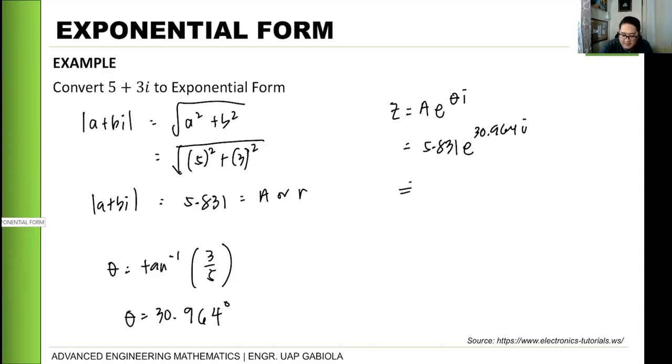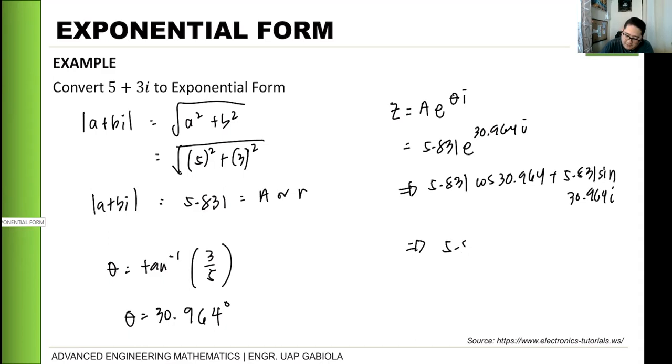Which also means it is 5.831 cosine of 30.964 plus 5.831 sine of 30.964i, and also equivalent to 5.831 angle 30.964.